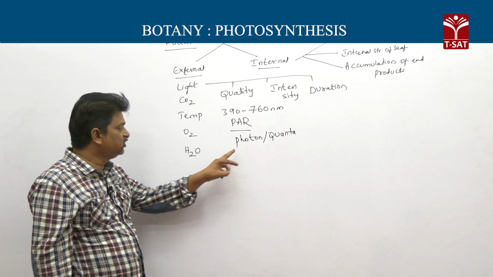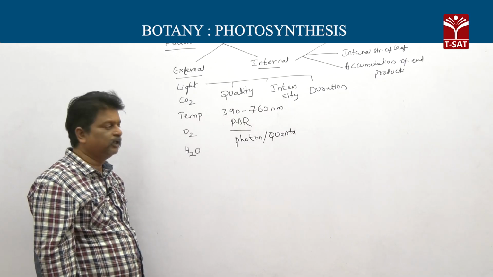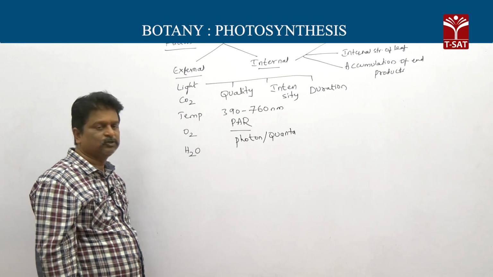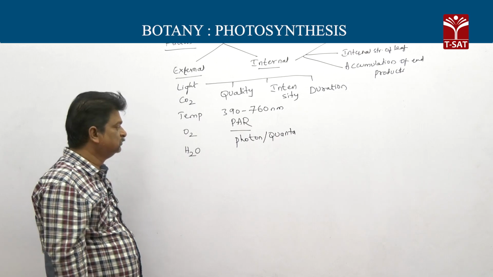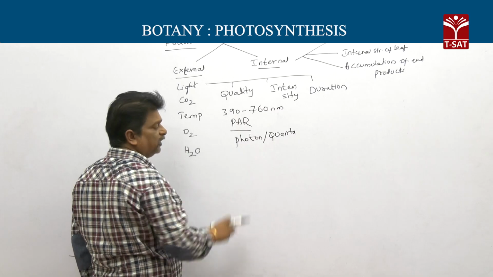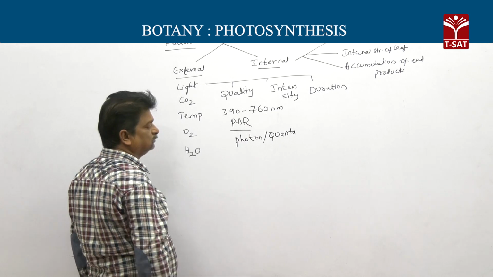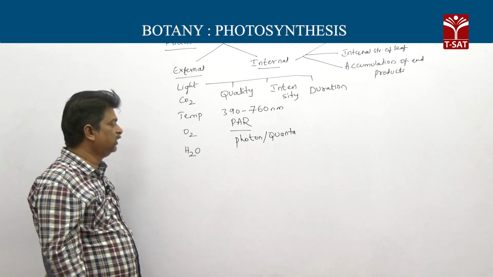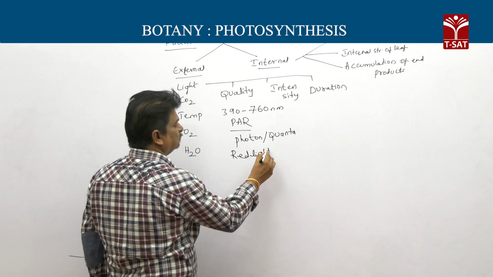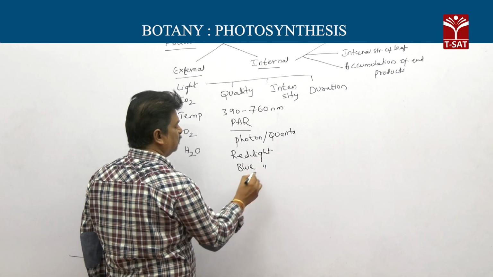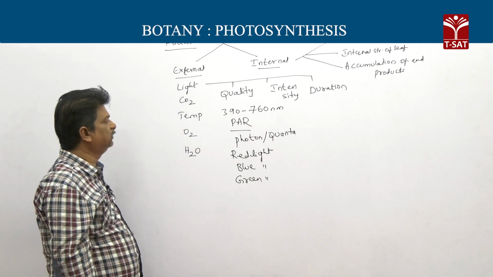Rightly, energy in each photon is inversely proportional to wavelength. So, the point is blue light is more energetic than red light, and maximum photosynthesis occurs in red light, next in blue light, and least in green light.